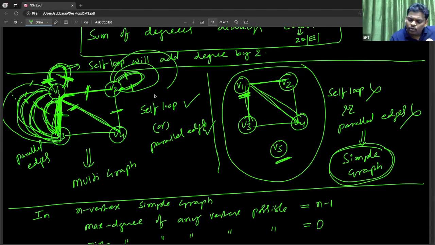But anyhow, they are not useful. Because of your asking, I am saying, but there is no use. We call them parallel self loops, nothing.